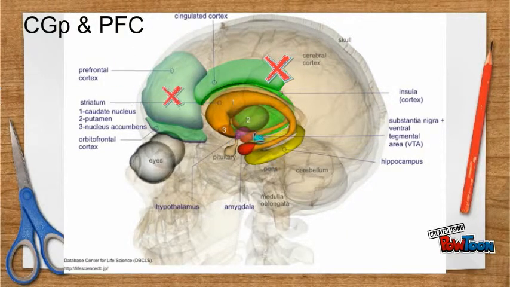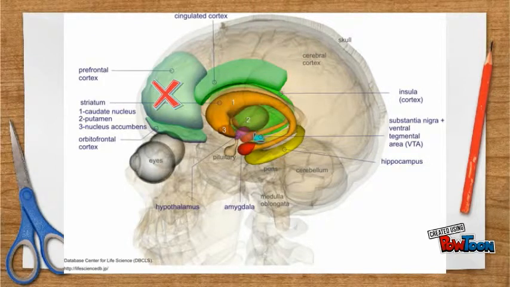The CGP becomes active when a person perceives the need for change or a new strategy. The PFC overrides the basal ganglia. The MFC then sends a signal to the DLPFC. The DLPFC selects the most appropriate response based on the current goal and task demands.